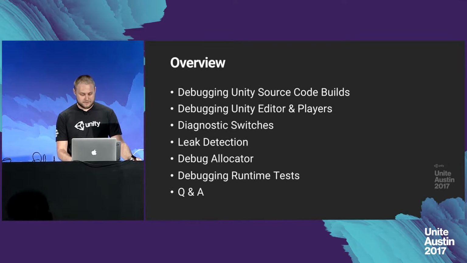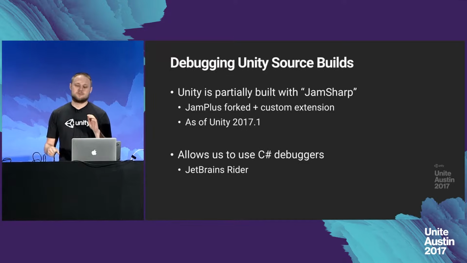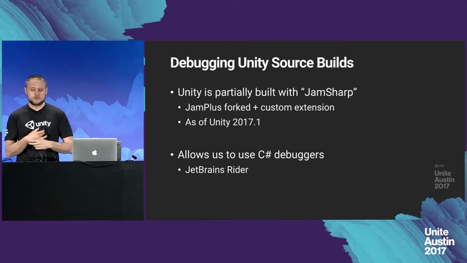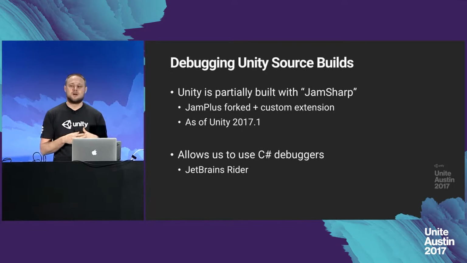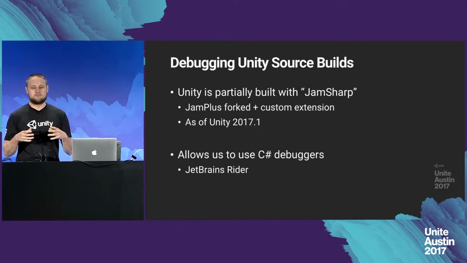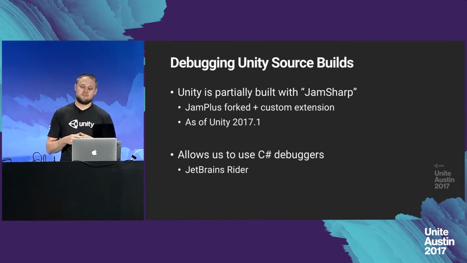OK, so let's get started. Right off the bat, debugging Unity source code builds. As you saw in the last talk, Unity is partially built with Jam Sharp. As he mentioned, it's primarily built with Jam as the core base of building Unity.